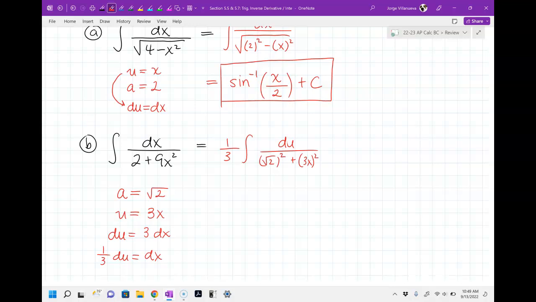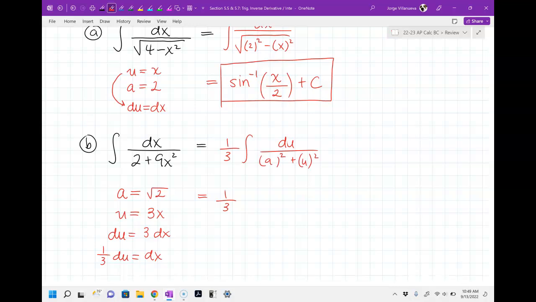Actually, I put a du up there, huh? I should probably make those into u's and a's, if you guys don't mind erasing. Sorry. Let me just put a here, u here. I just remembered I put my du up there. So according to definition, this will be 1/3, right?